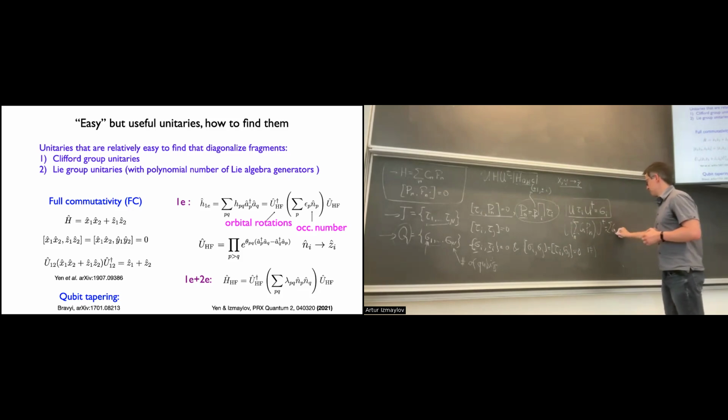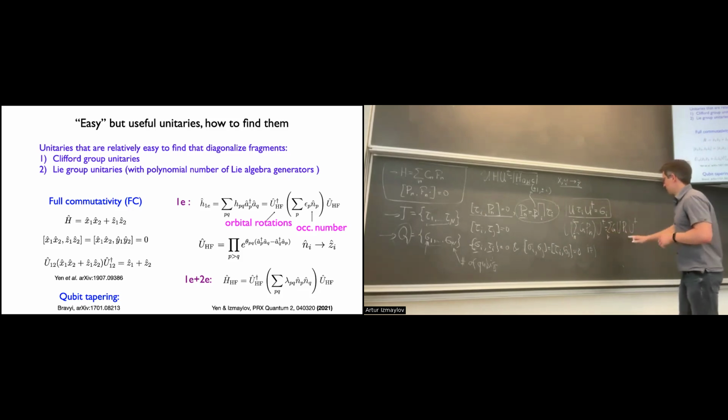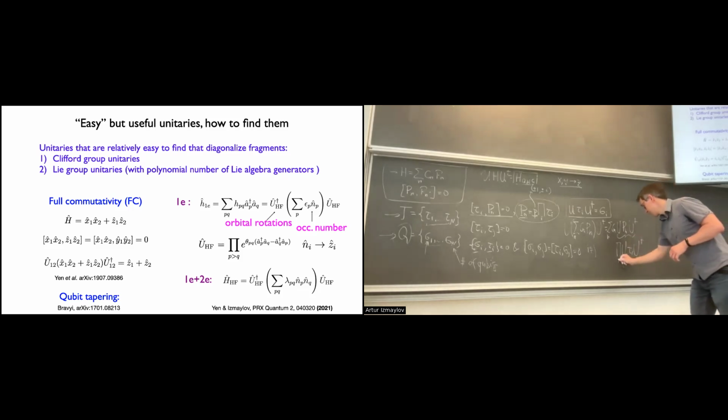This is linear, so C_n, unitary, P_n, unitary. Now every P_n can be written as a product of taus, and then I can just write unitaries acting on the taus with some prefactors.